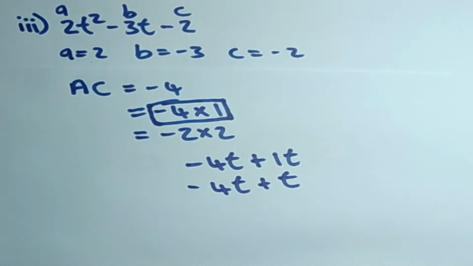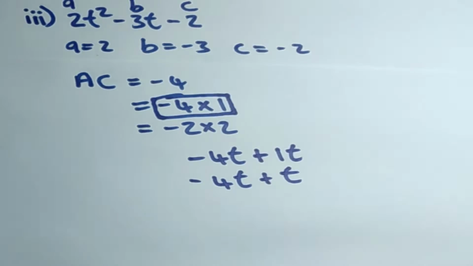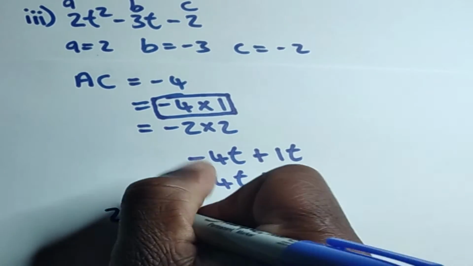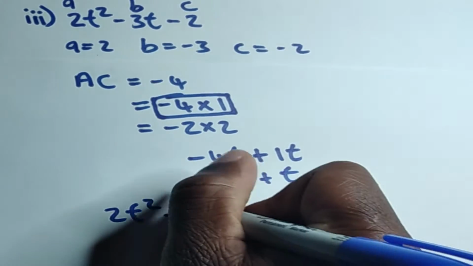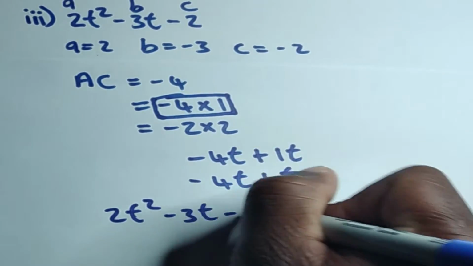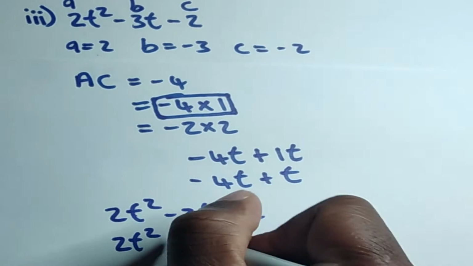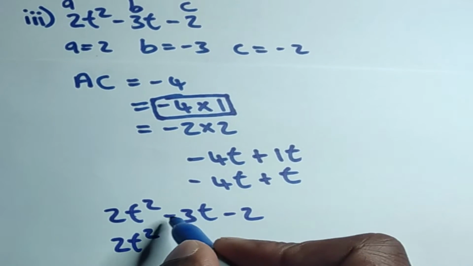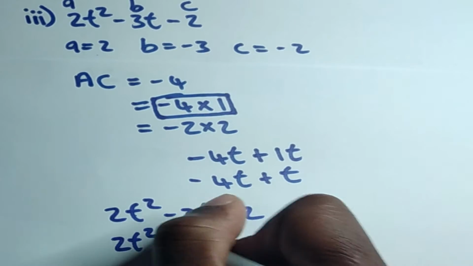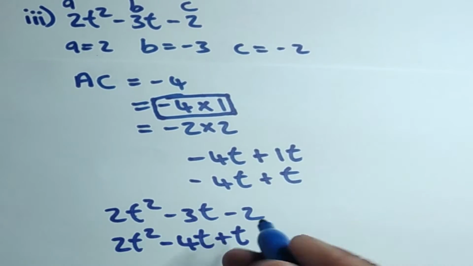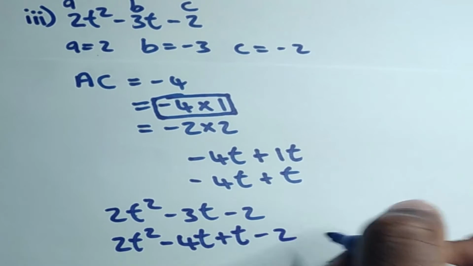Alright, so I'm going to expand this thing now. So here I have 2t squared minus 3t minus 2. Again, we write back the 2t squared, and I'm going to replace the negative 3t with minus 4t plus t, alright, which is the same thing as negative 3t, minus 2.